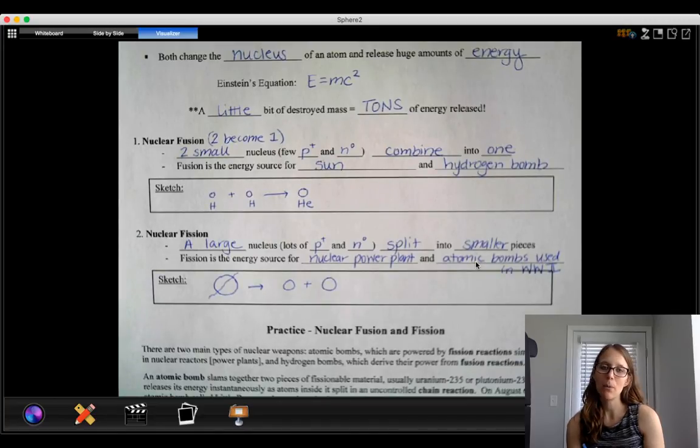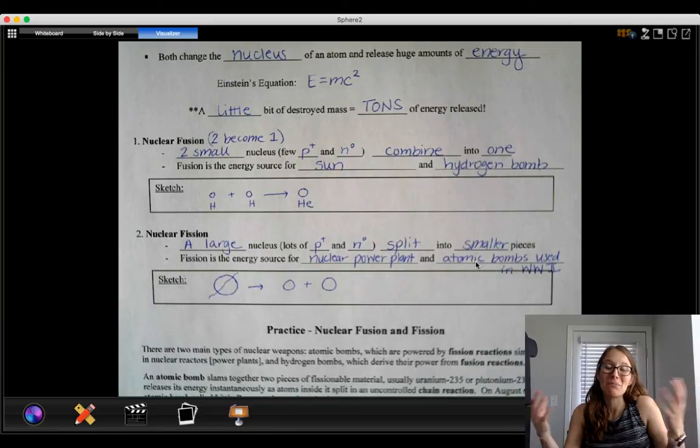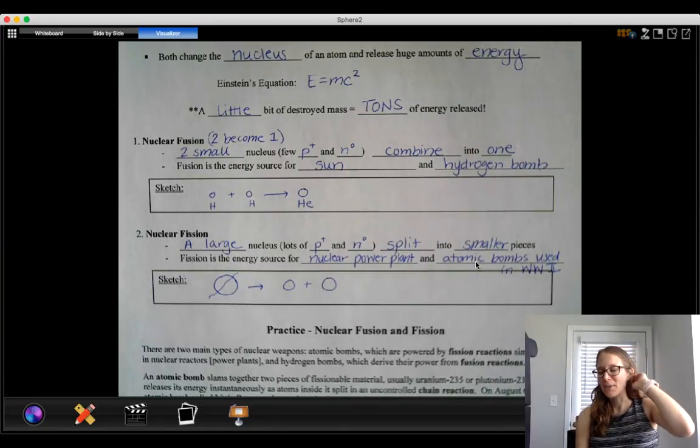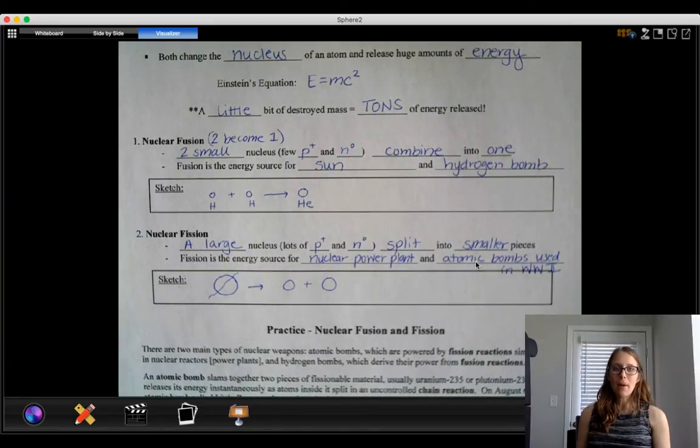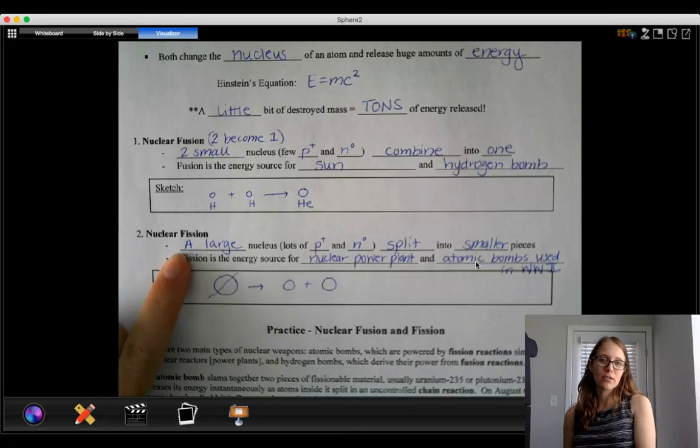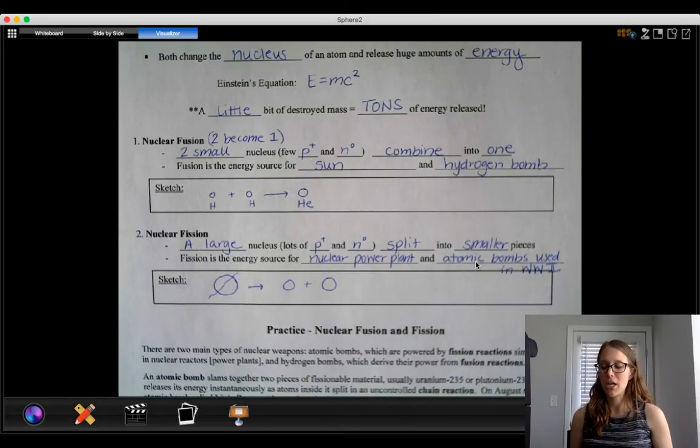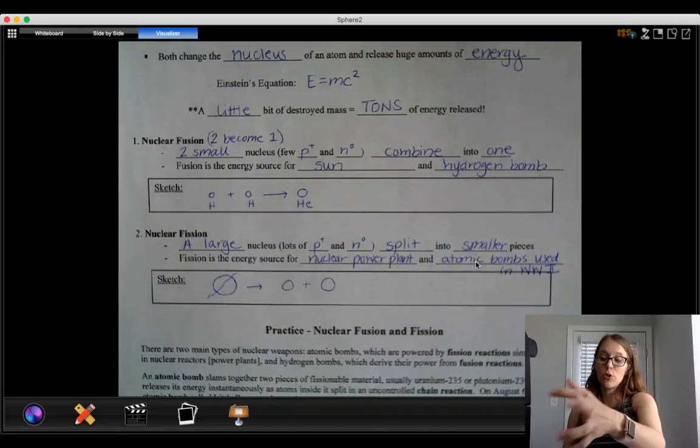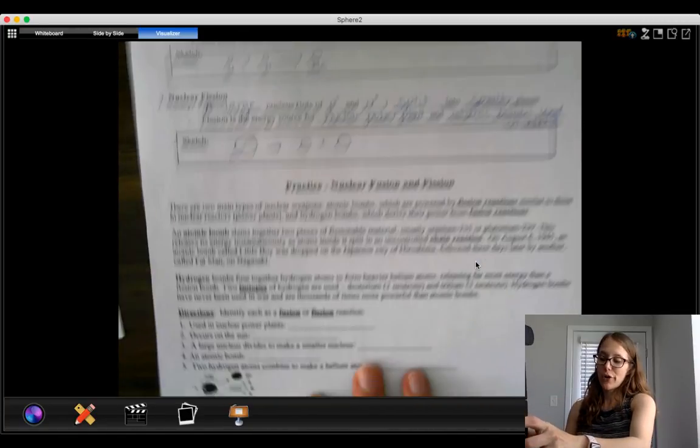At this point, scientists haven't been able to figure out how to do fusion on Earth to get those really high temperatures and the really high pressures without just having explosions and chaos, essentially. So it's something that scientists are working on, but fission is what occurs on Earth for energy production. Fusion might be possible at some point in the future, but at this point, scientists haven't figured out a way to really harness nuclear fusion to produce energy on Earth.